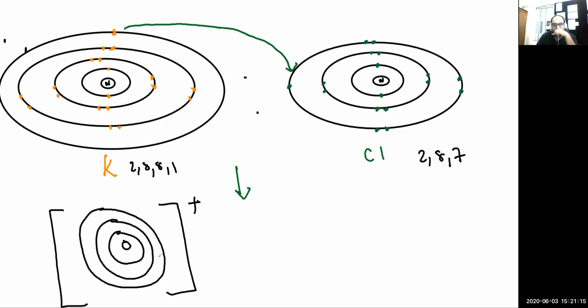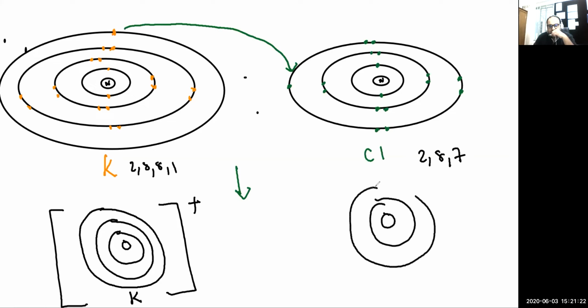So this is positive potassium. And then we have chloride, 2, 8, 8.